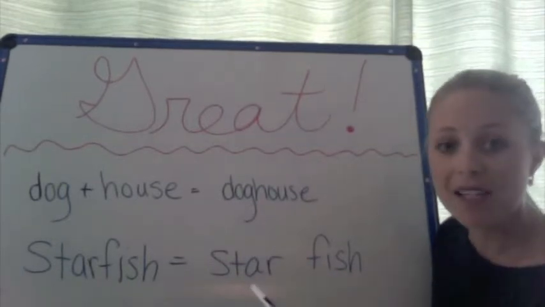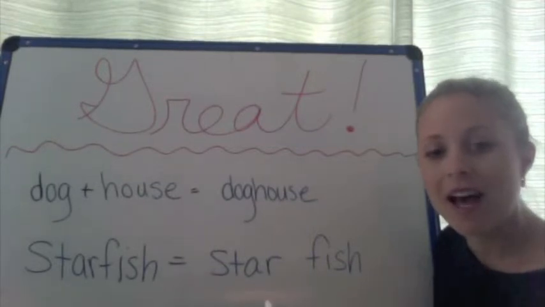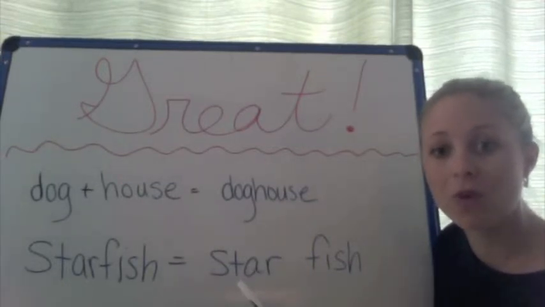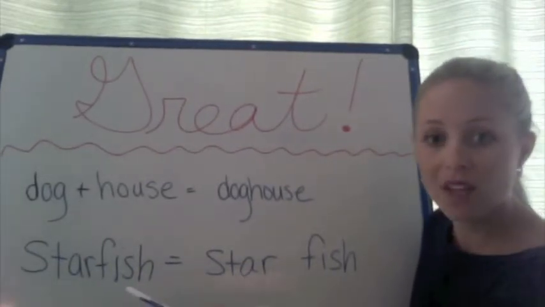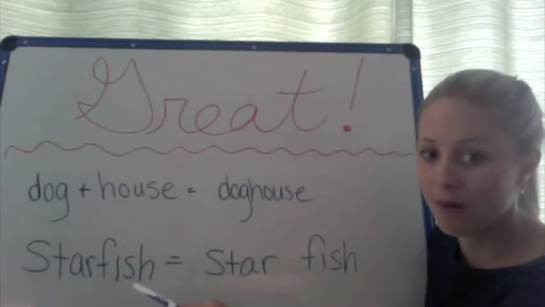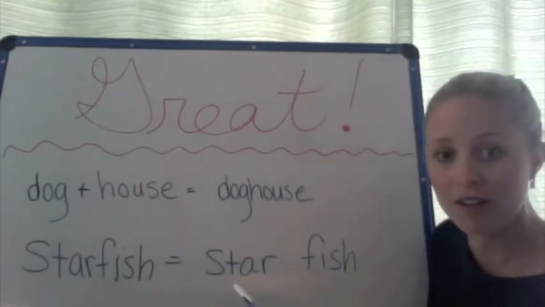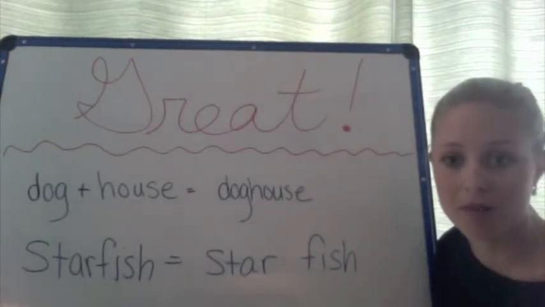We've also learned how to take one big compound word and figure out which two words went into that word. For instance, starfish. We've learned how to separate the word starfish to figure out that it's made up of the words star and fish. You guys have done a wonderful job today.